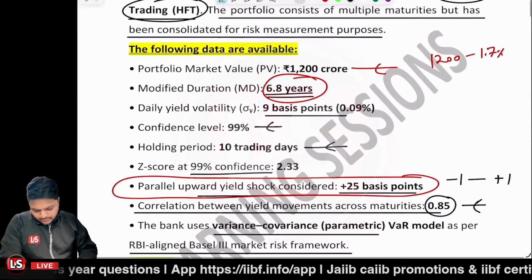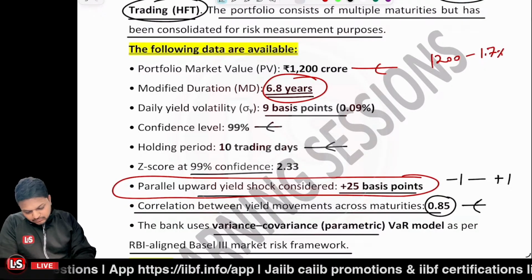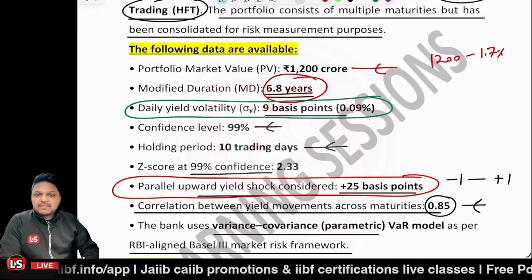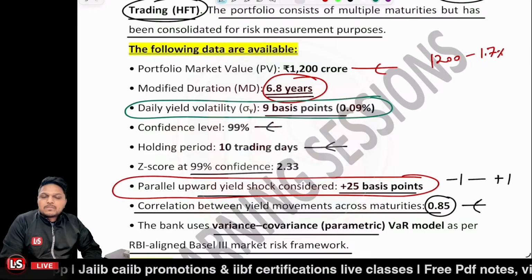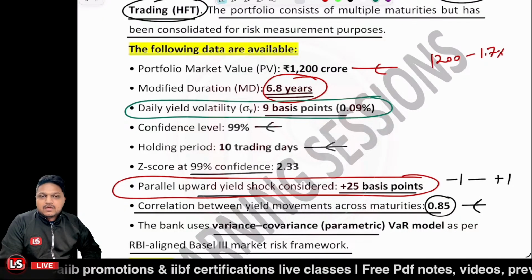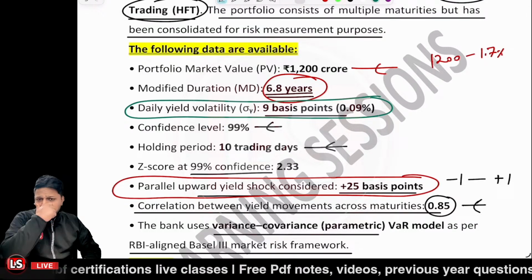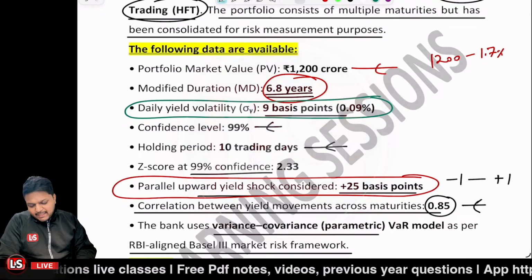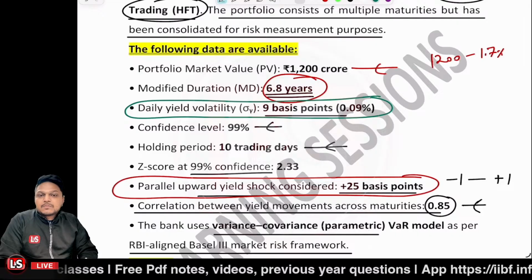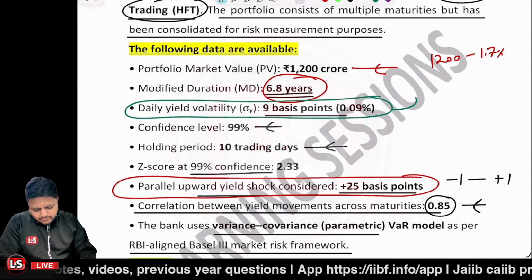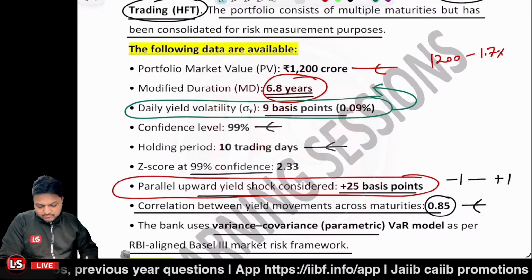Let's have a look at the question. The daily yield volatility is given to be 9 basis points. Now from the daily yield volatility, if we multiply it with the modified duration, then we will be able to get the daily volatility.